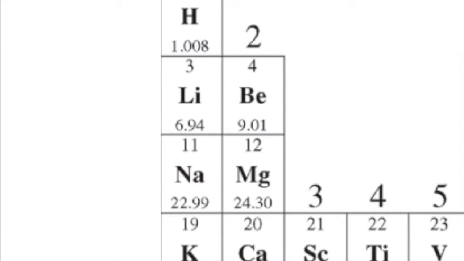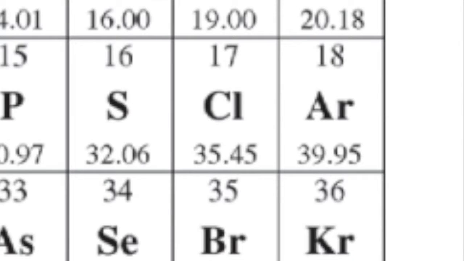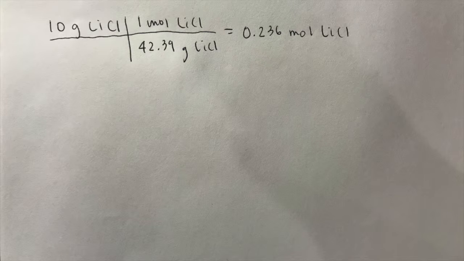I'll convert that to moles by dividing the 10 grams by the molar mass of lithium chloride, which is 42.39, and I get that from the periodic table by adding the molar mass of lithium and the molar mass of chlorine. And in the end, by doing that, I get 0.236 mole.